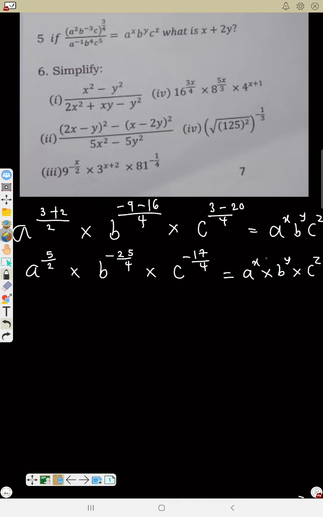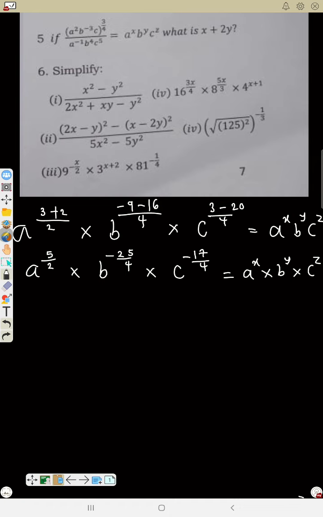Now if you compare both sides, you will notice now that x is equal to 5 over 2, y is equal to minus 25 over 4.